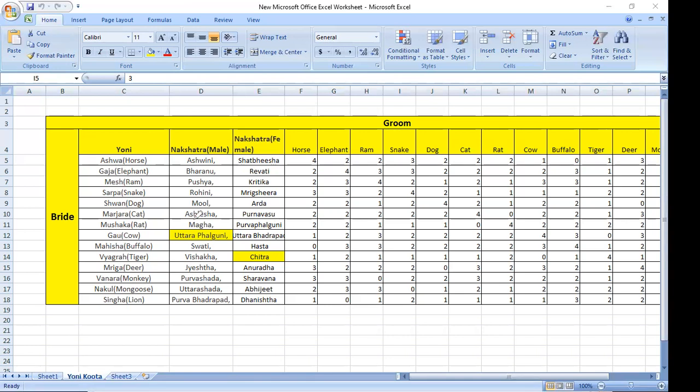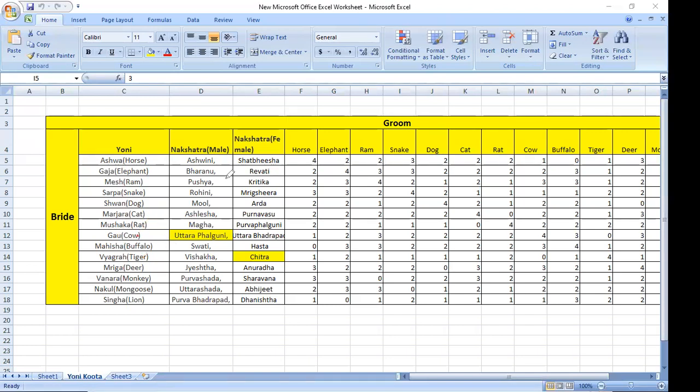Now you see the girl is basically cow. The yoni of this girl, with Uttar Falguni, is cow. And the yoni of this boy, which is Chitra, is tiger. So the bride's yoni is cow, and the boy's, Chitra, is tiger. So the tiger will eat the cow.